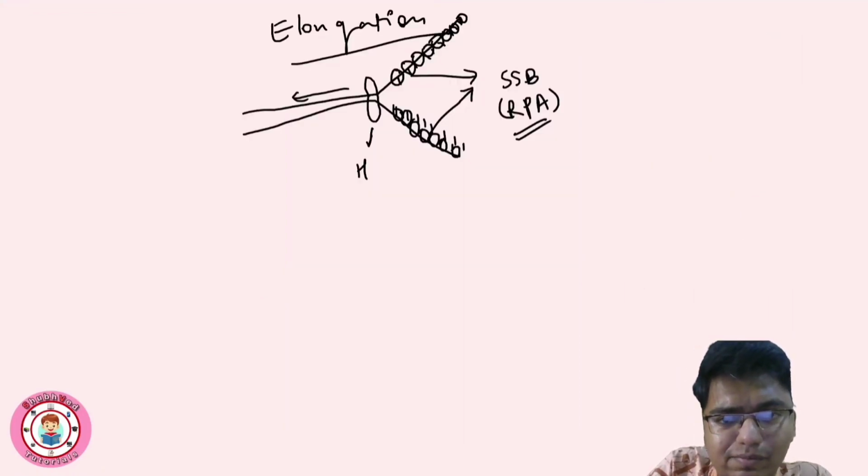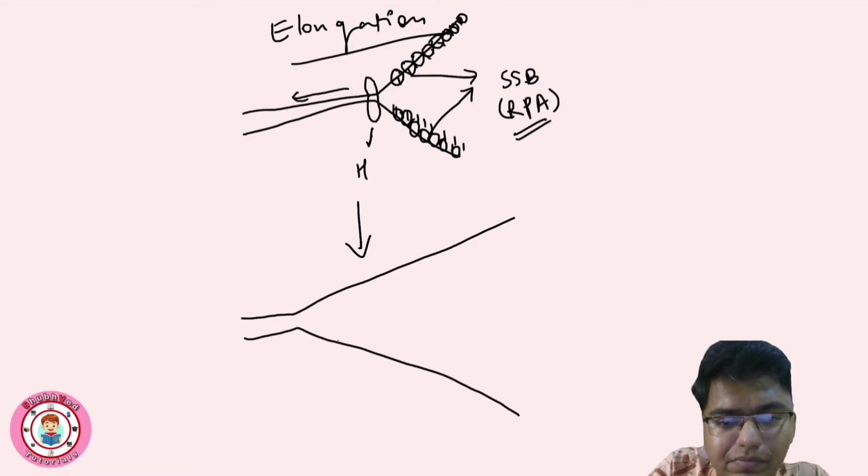The helicase will move in this direction and unwind the strands. Suppose now the helicase has moved till here and these are the strands separating. Here are the bonds.